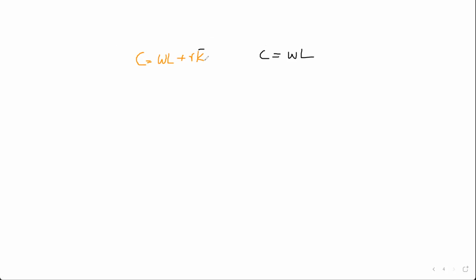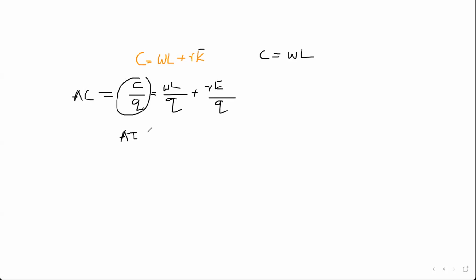Now to get the average cost, what we do, in the short run, the average total cost, divide by Q, which means here WL divided by Q plus RK, also as constant, divided by Q. Now this average total cost, in the short run, now has two components: average variable cost plus average fixed cost.